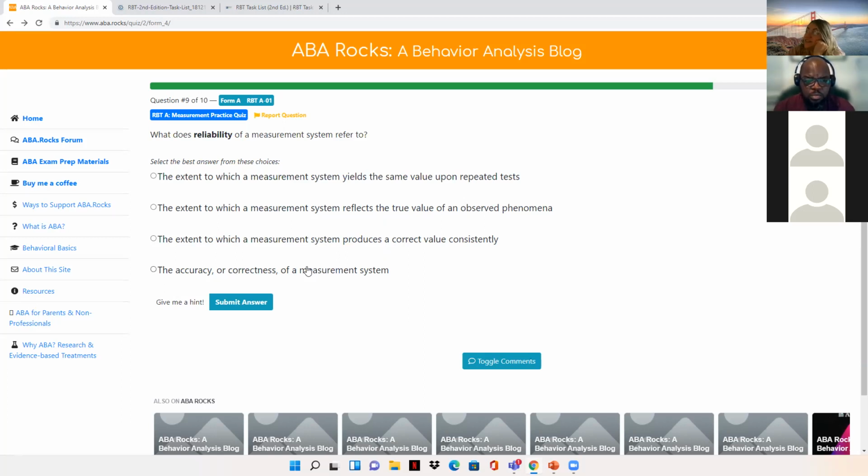We didn't really review that one, so let's use our process of elimination. The extent to which a measurement system yields the same value upon repeated tests, that would be repeatability, not reliability. The extent to which a measurement system reflects the true value of an observed phenomenon, yeah, that would be reliable.